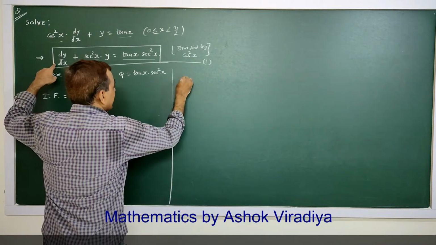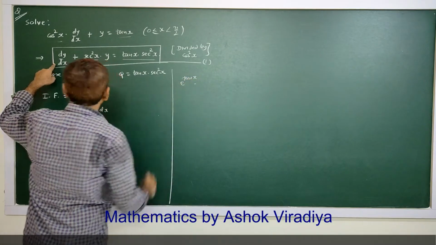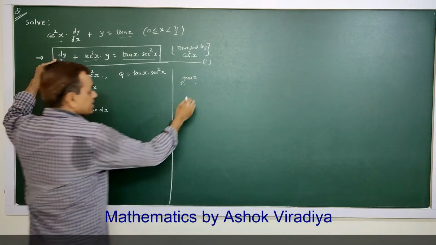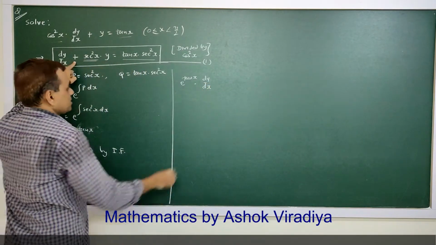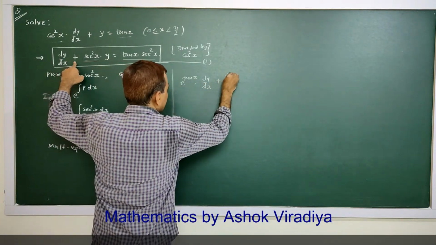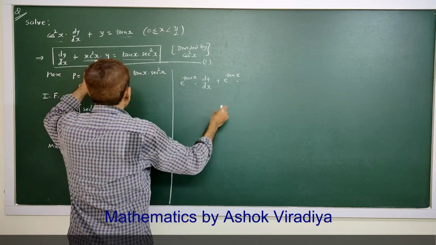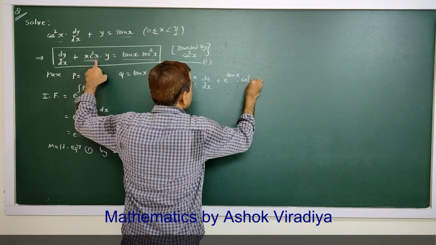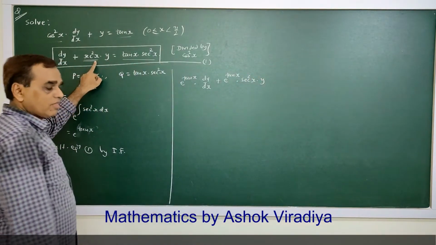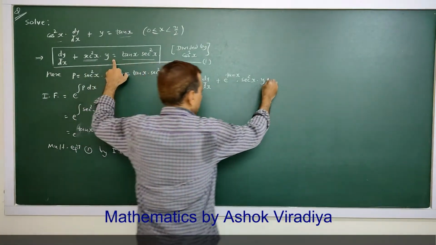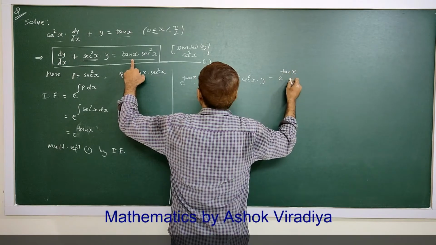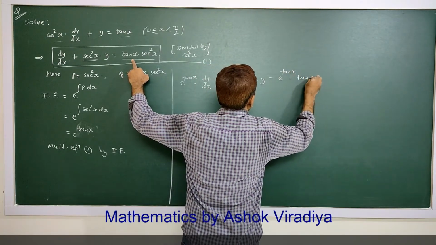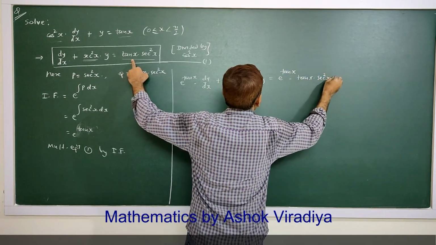e raised to tan x into dy by dx plus e raised to tan x into sec square x into y equal to e raised to tan x into tan x into sec square x.